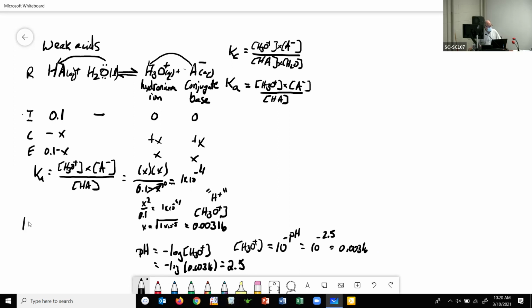So at this point, we know the hydrogen concentration. And because it's a one-to-one relationship, we know the conjugate concentration. But I would also have to tell you what the weak acid concentration is.